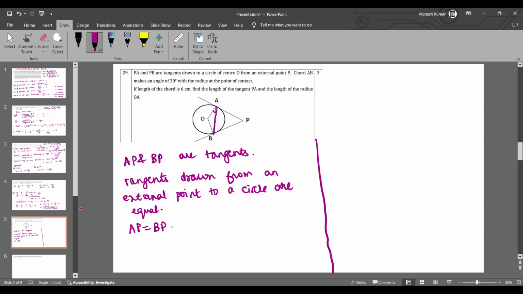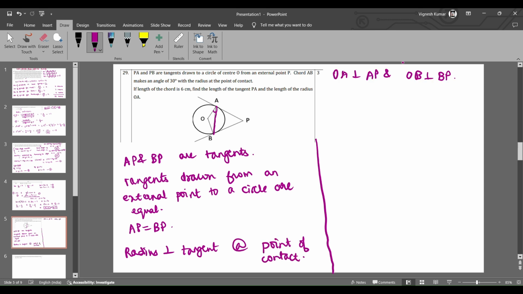And we also studied another property, that the radius is always perpendicular to the tangent at the point of contact, right? So here, since we have been given angle OAB is equal to 30 degree, we know that angle OAB is equal to angle OBA, angles opposite to equal sides of an isosceles triangle.